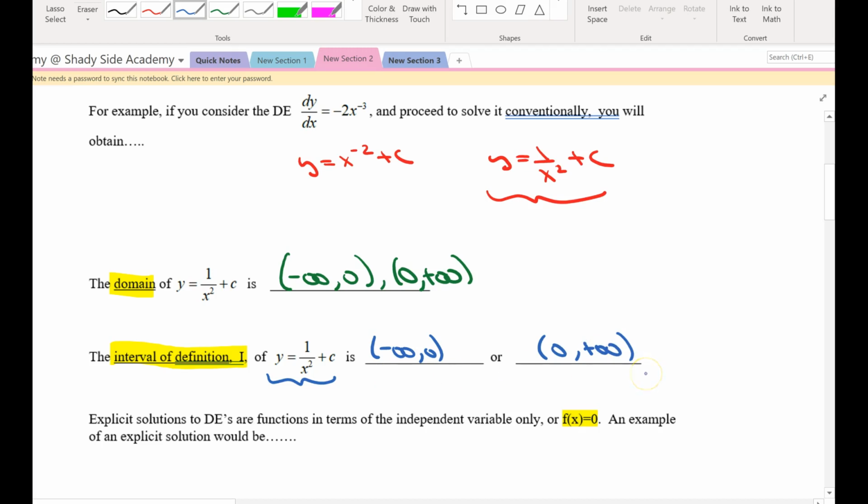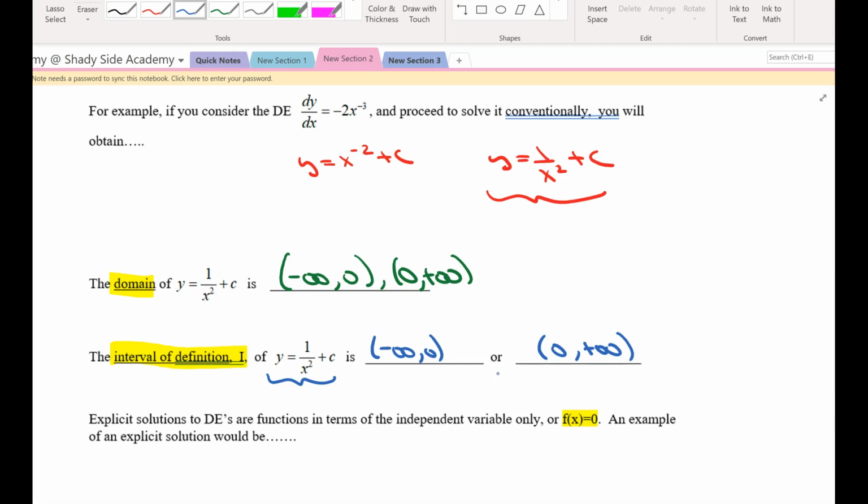Now, in this case, one could argue that both of these intervals of definition are the same length, so to speak, because we're going from negative infinity to 0 and 0 to positive infinity. In the event you have a differential equation whose solutions have multiple intervals of definition of varying lengths, and a question asks you for the single interval of definition that is contextually appropriate, you want to pick one of two things.